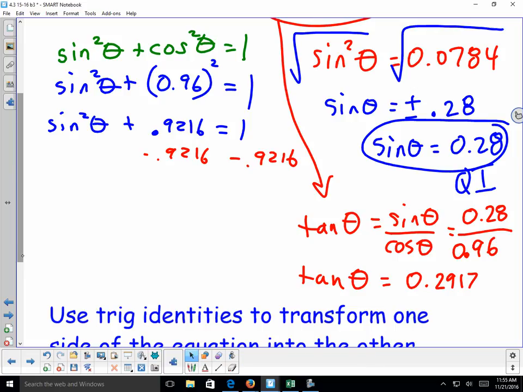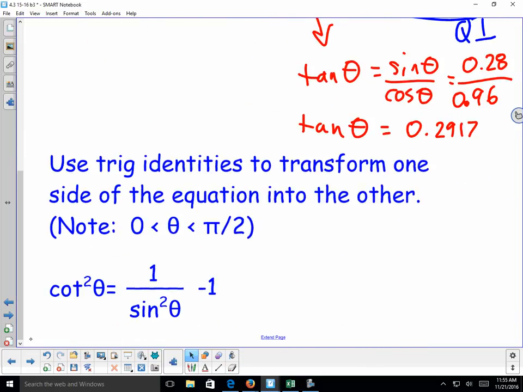Okay, so let's take a look at a different use for trig identities. This says use trig identities to transform one side of the equation into the other, and it says note that theta is between 0 and pi over 2, or between 0 and 90 degrees.